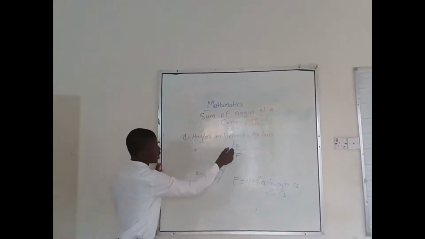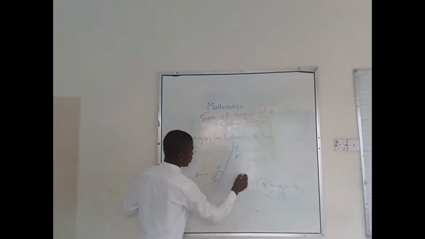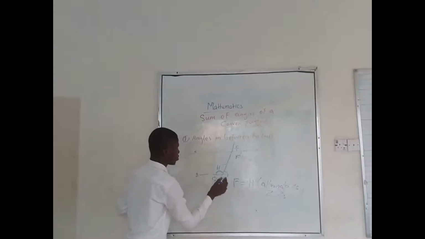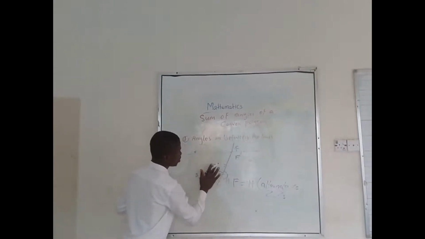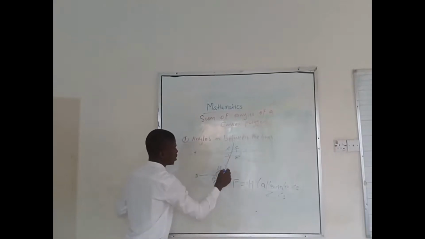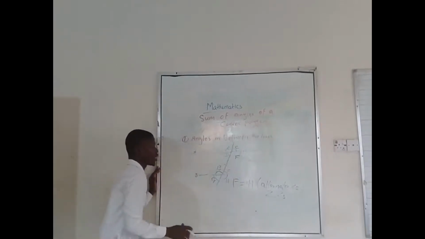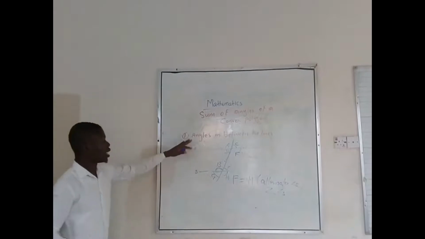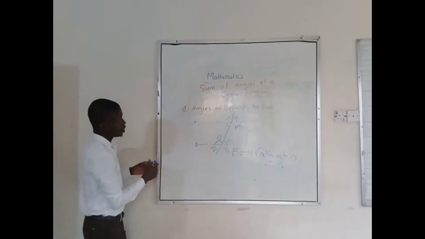Then I bring back this line. Bring back this. I have this angle. Let me bring back here H, A, B, C, D, and E. Then I clean this other side.